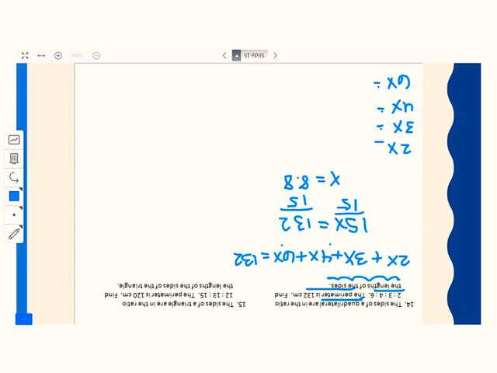So 8.8 times 2 is 17.6 centimeters. Times 3 is 26.4. Times 4 is 35.2.